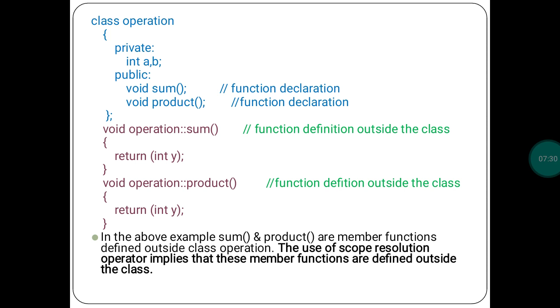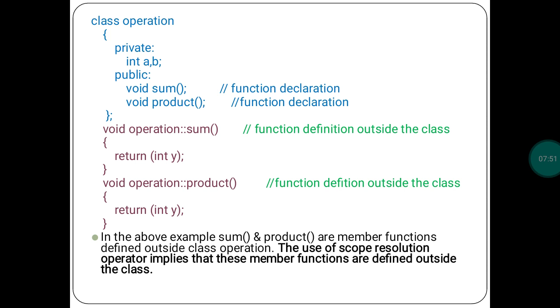When your program is small, in that case you can use the inside class definition. But whenever your program is lengthier and complex, in that case we have to use the outside class definition.